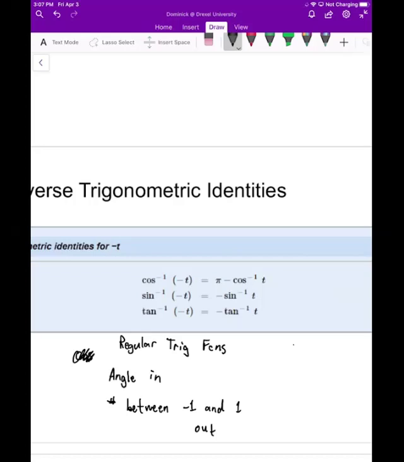So then that means that for the inverse trig functions, we have a number between -1 and 1 going in, and an angle coming out.